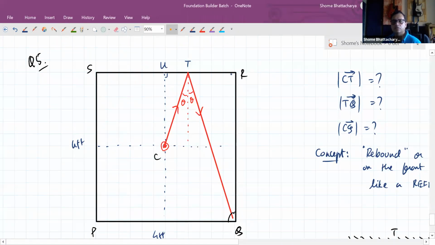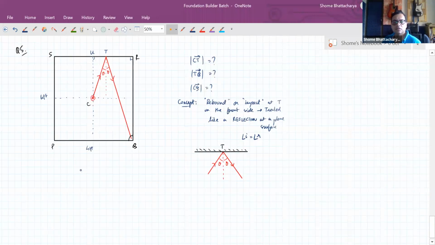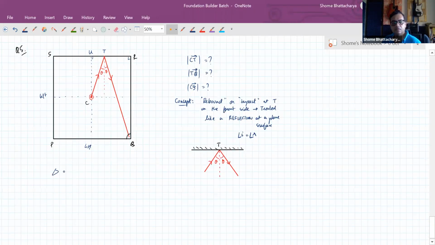Okay, and this angle is also 90. So now we can just use geometry. We can use the geometry of similar triangles, and we can see that in the above figure, triangle CUT and triangle QRT are similar right angled triangles. So we're going to make use of similar triangle theorem as well as Pythagoras theorem.